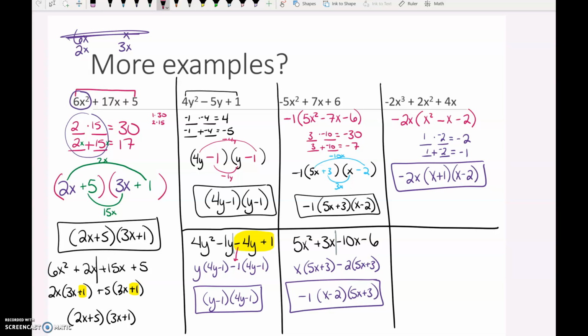And some people are like, oh, but 4y squared, I don't know if that's going to be 4y and y, or 2y and 2y. But if you look at your numbers here, 2 times something is not going to give you -1. You want it to be 4y and 1y to help you get those numbers. So it's not really guess and check. It's not throwing noodles against a wall trying to see if they'll stick.